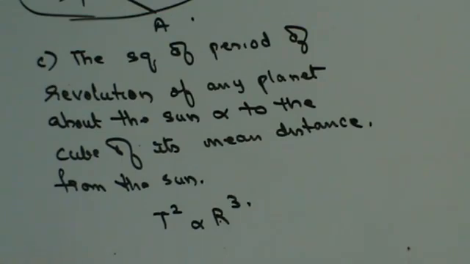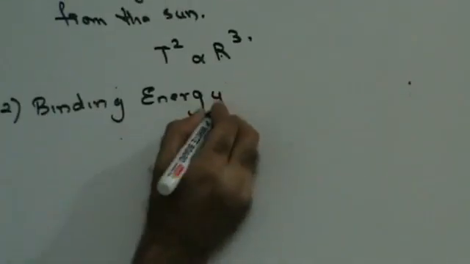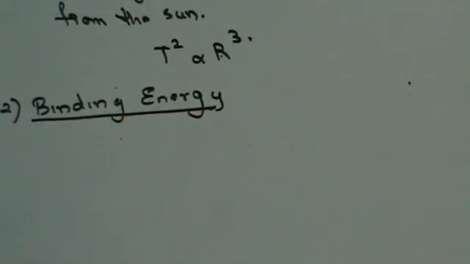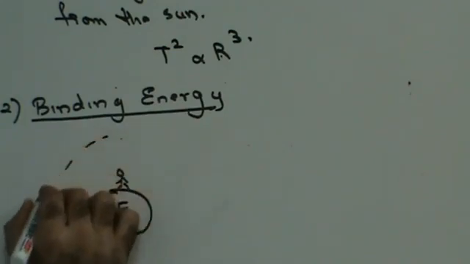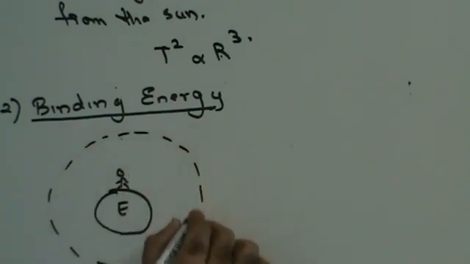Next, what do we understand by binding energy? Binding energy is the minimum energy required to remove an object from a point in the Earth's gravitational field to infinity. You have an object here on the Earth, and till here the gravitational field of the Earth exists.